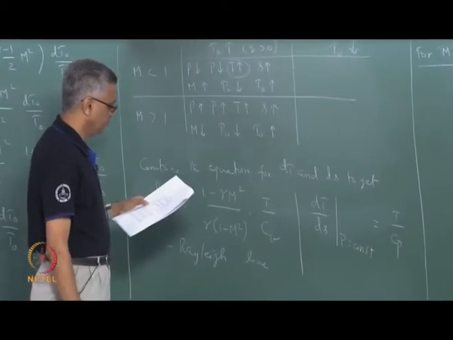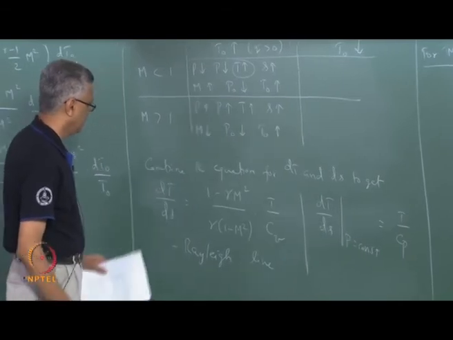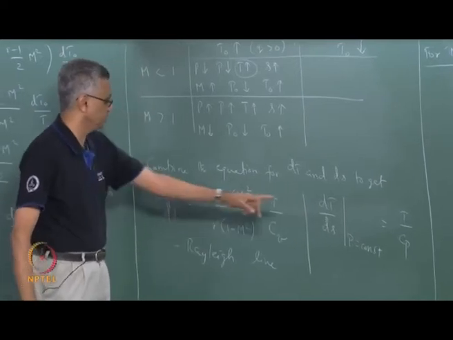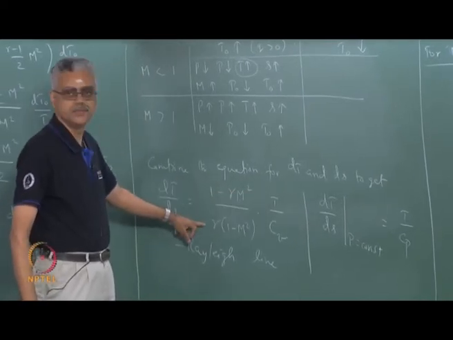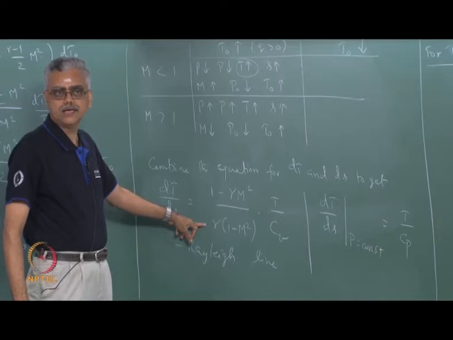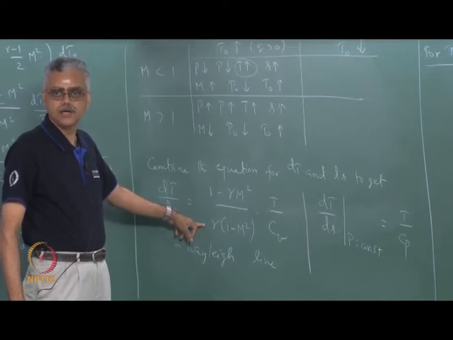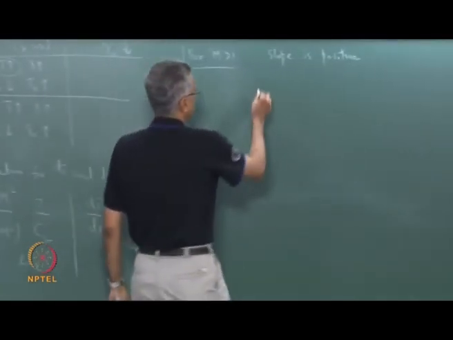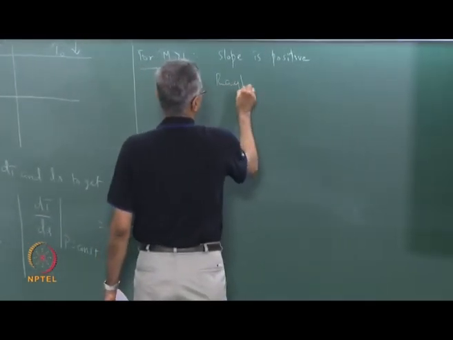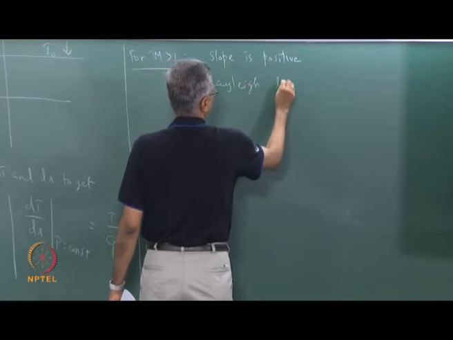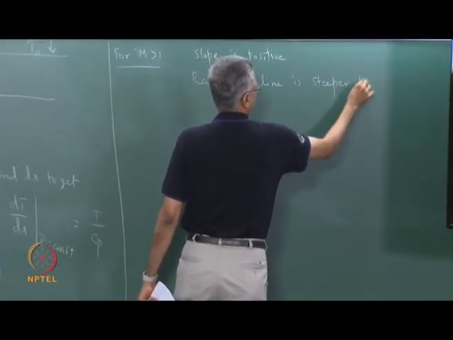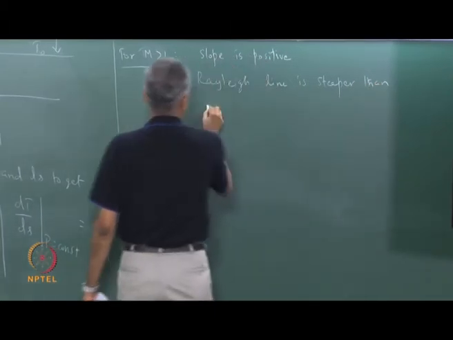For M greater than 1, comparison of these two equations tells me that the Rayleigh line at any point is steeper than the isobar which passes through the same point. So I can write that next. Rayleigh line is steeper than the isobar.